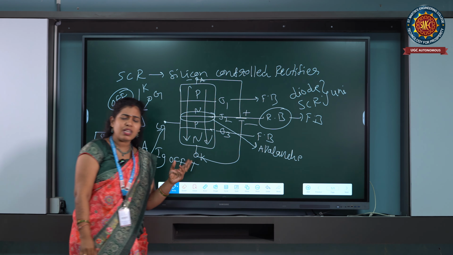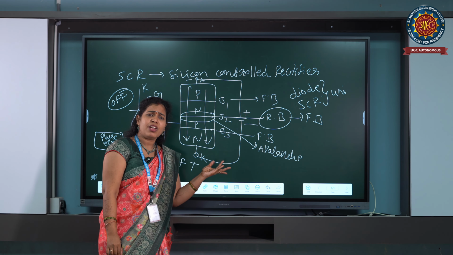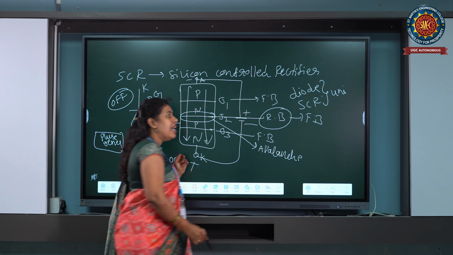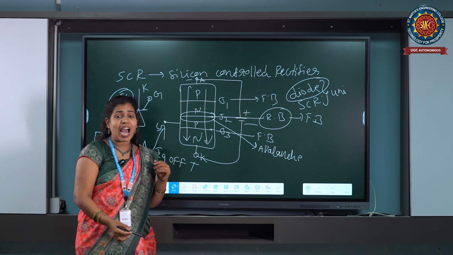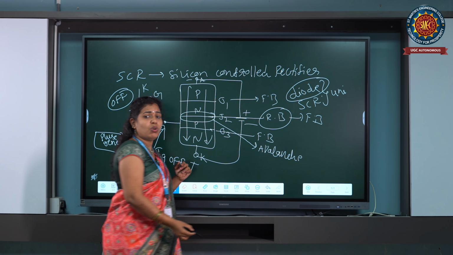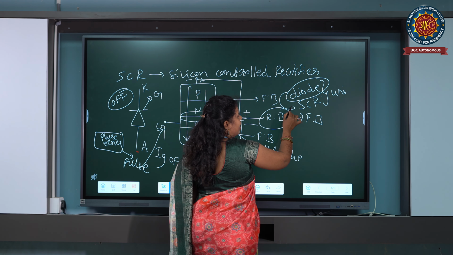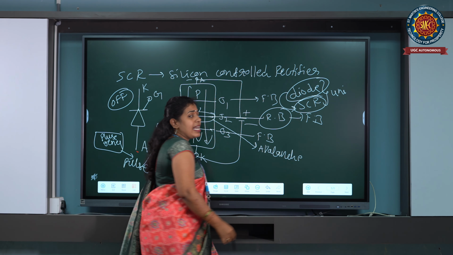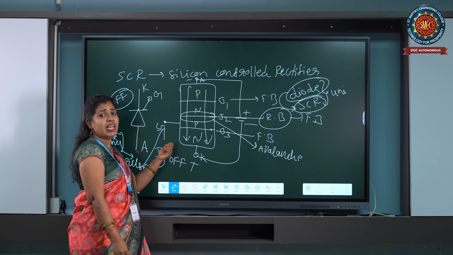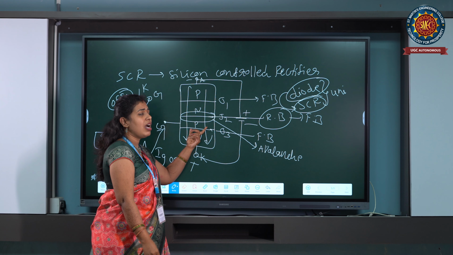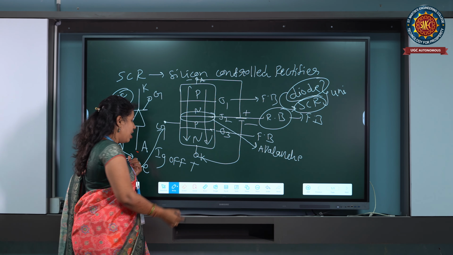But why do we use the thyristor instead of the diode? The diode has a disadvantage: it is an uncontrolled device. To overcome this disadvantage we use the SCR, because the SCR is a controlled device. So this is the operation of the SCR.